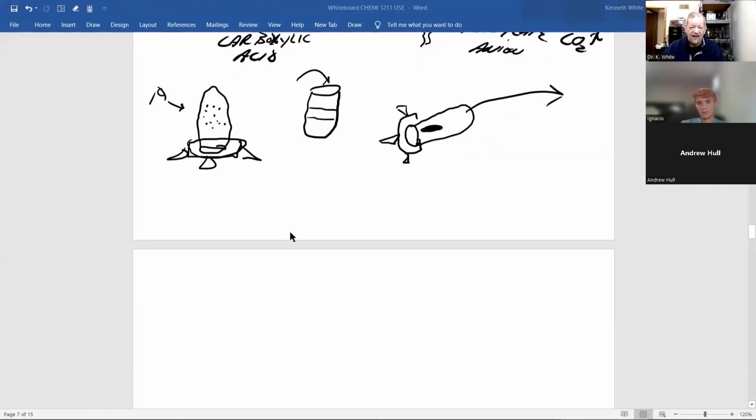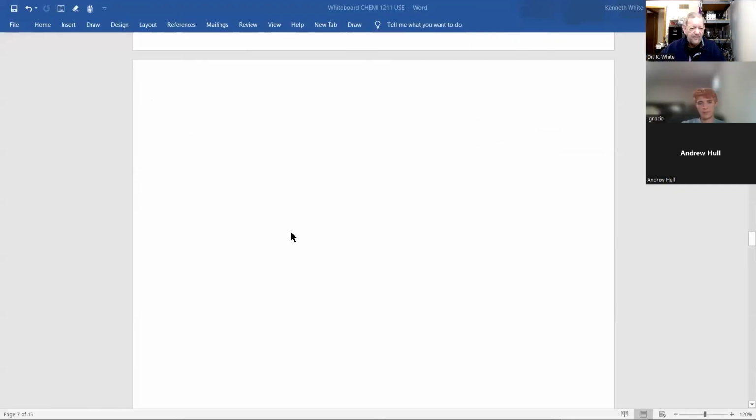Tomatoes have citric acid in them, and citric acid is a carboxylic acid. And I'll just write citric. And that's in the tomatoes.